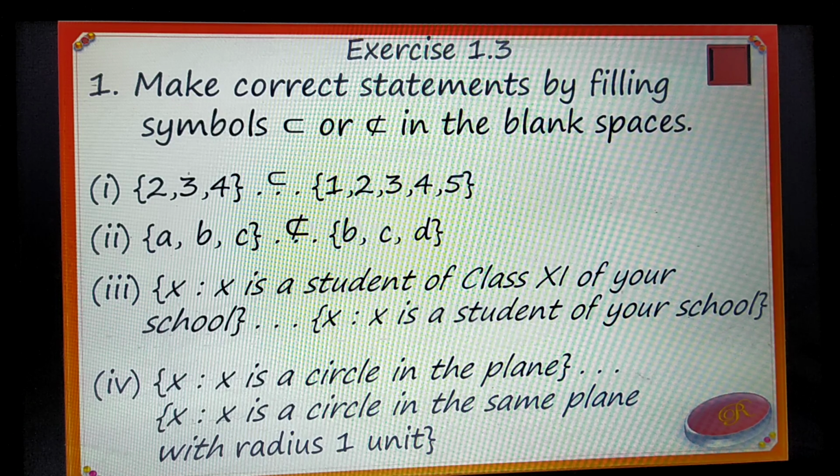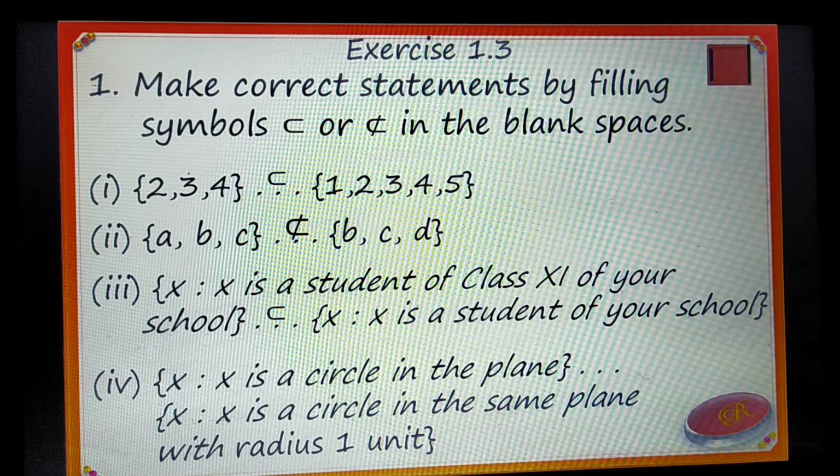Number 3. The set of all x such that x is a student of class 11 of your school, dash, the set of all x such that x is a student of your school. Solution. The first set is a subset of the second set.